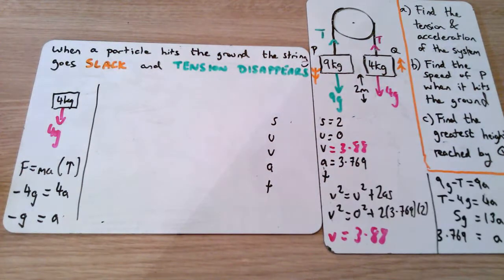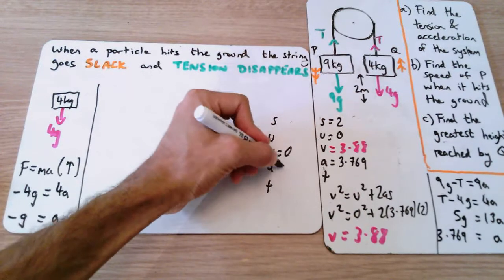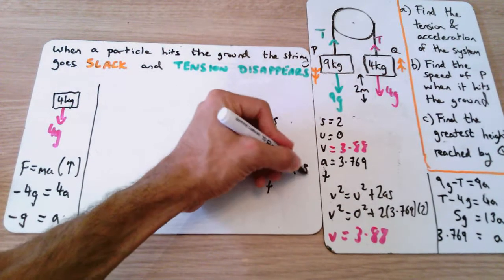Now what we're being asked for is the greatest height reached by Q. When something reaches its greatest height, it's had some sort of speed which has then decreased to 0. So the final speed of this particle is 0. The acceleration is minus 9.8.